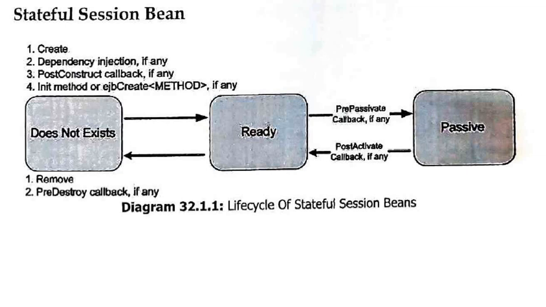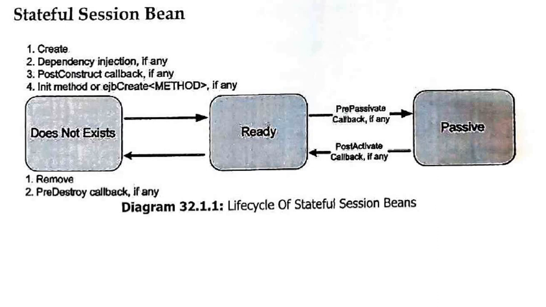Now, as I told you earlier, in case the client is not using that bean, the container will want to shift it from the active memory to the secondary memory to free up the space. So how is it done? We will call the method which is annotated with @PrePassivate, and then the bean will go from the ready state to passive state.